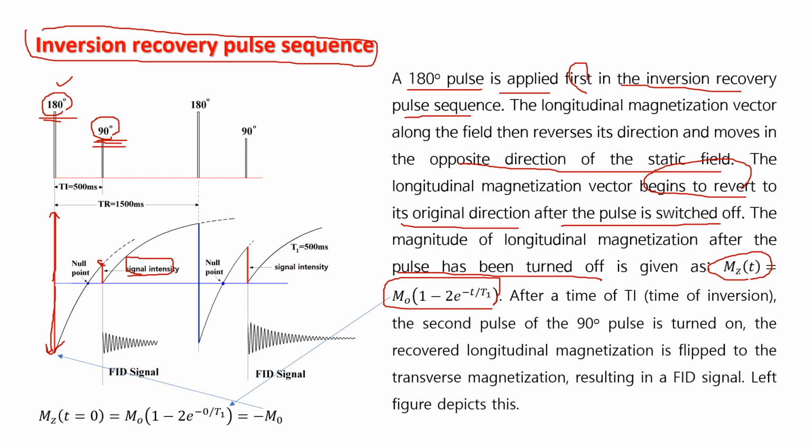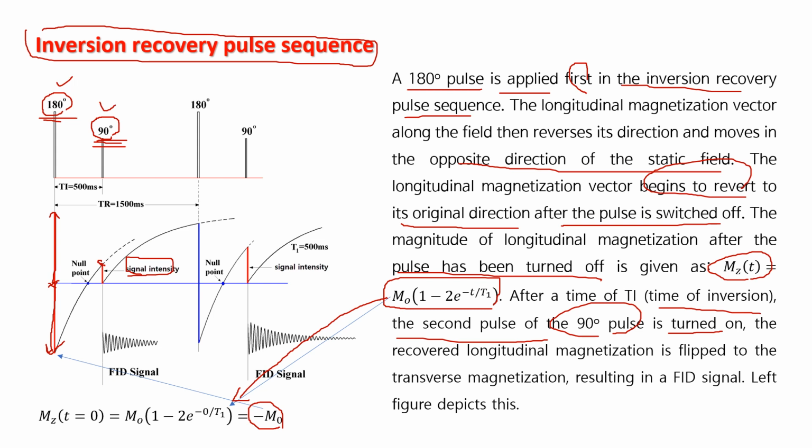We can check whether this is correct. T equals 0 at this point. So if we put T equals 0, then we get minus M0. So this relation can be checked. At the time of Ti, the time of inversion, the second 90-degree pulse is turned on at this moment.